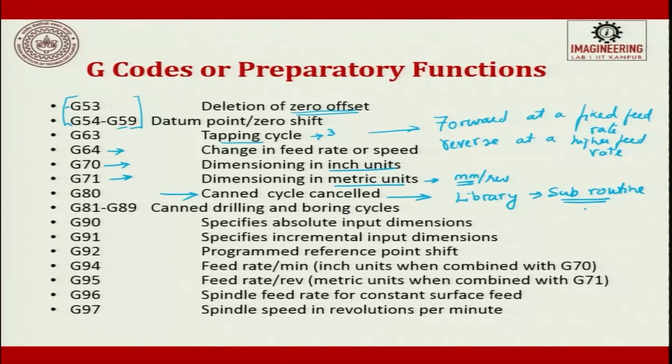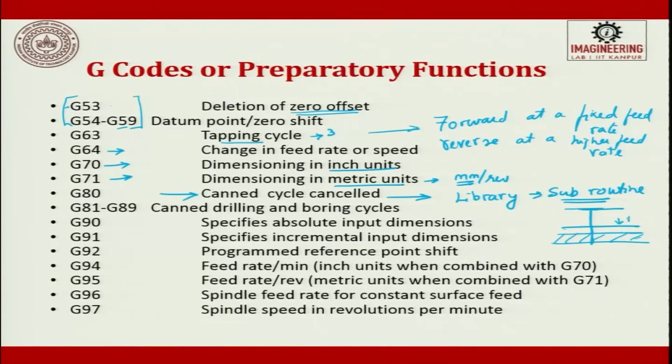So for example, it starts from here, goes down, drills, and then it reverses back. When it starts from infinite space and gets very close to the workpiece, slightly above it, it starts moving down at the specified feed rate.